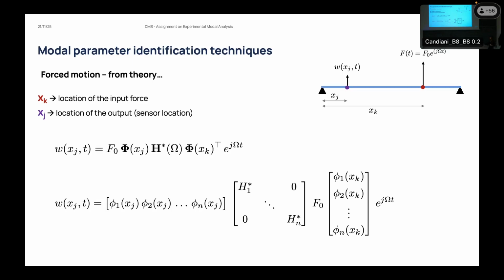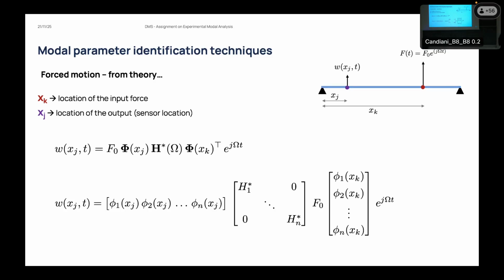So if we look at those expressions, it is equivalent to say, I can measure the external force I'm applying, that is equivalent to say I know partially this term here, and if I know those relationships, I can estimate what is within this H star matrix, that is the matrix of the frequency response function, that in turn depends on the modal parameters of the system.